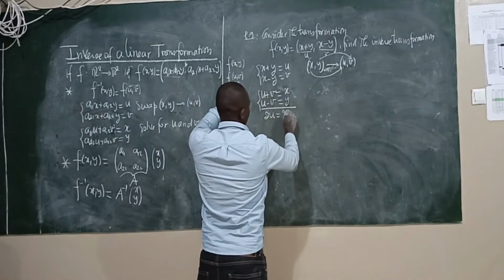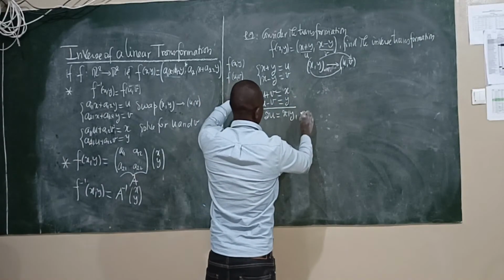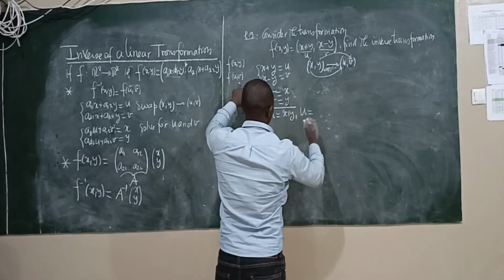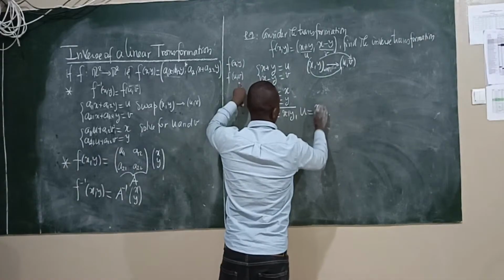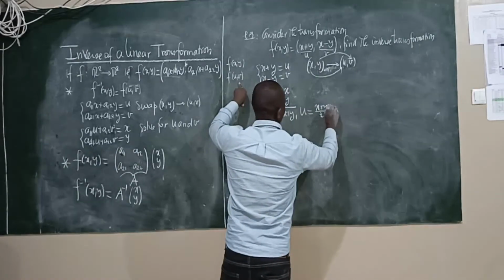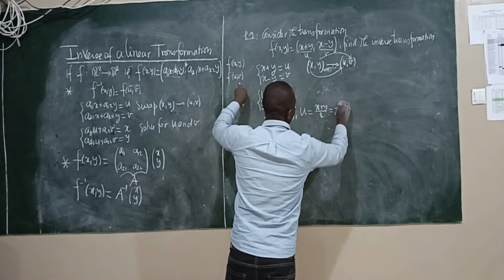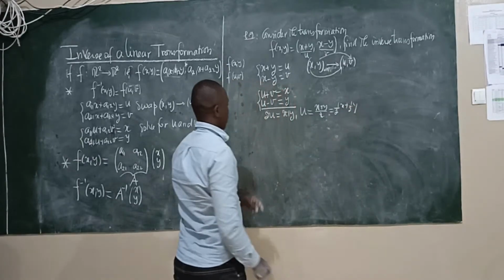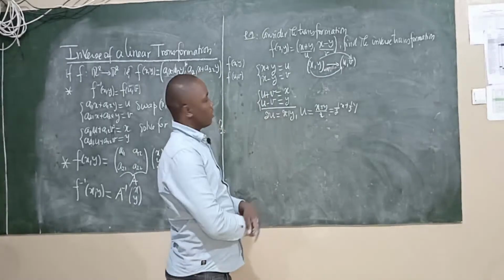Here is x plus y. You see, guys, u is going to be x plus y over 2. And this is 1 over 2 times x plus 1 over 2 times y.